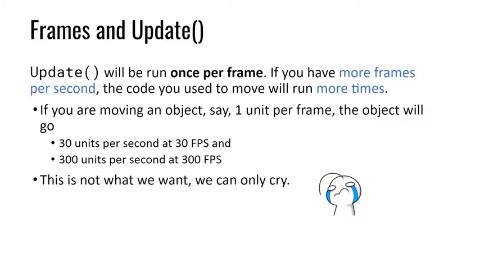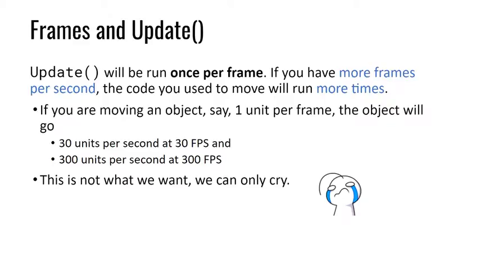So say if your object moves 1 unit per frame, then if your game runs at 30 frames per second, it'll move 30 units. But if it's really fast and it runs at 300 frames per second, then it'll move 300 units per second instead. And quite often you don't want that.